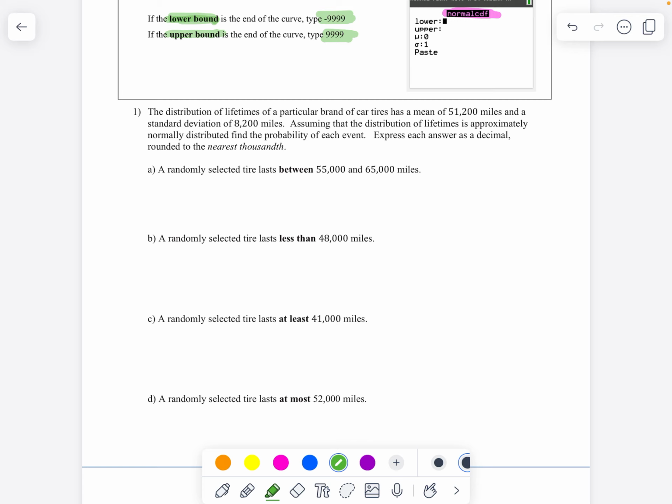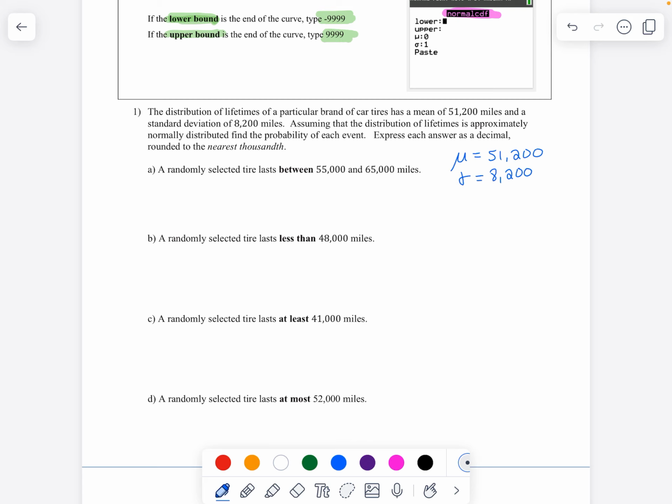So for this next question, we're talking about the lifespan of a particular brand of car tire. The average lifespan of this tire is 51,200 miles. So I'm just going to note that using my symbol for average. And it has a standard deviation of 8,200 miles.